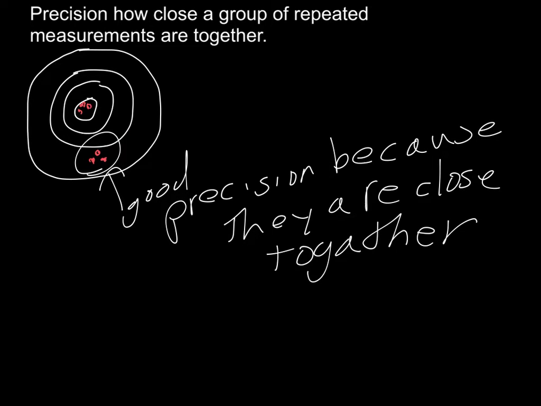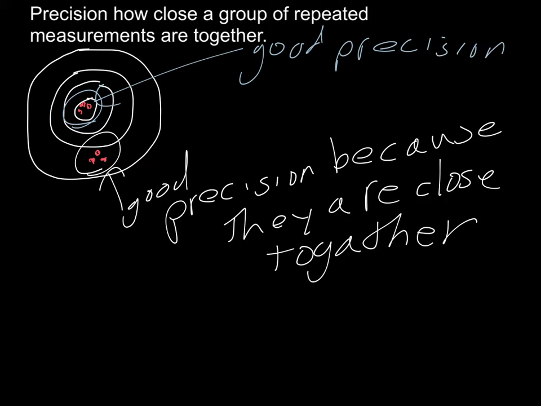So I'd want all 3 of my shots in my bullseye and close together. So how do we measure precision in the chemistry lab? We measure precision in the chemistry lab by using a quantity known as standard deviation.